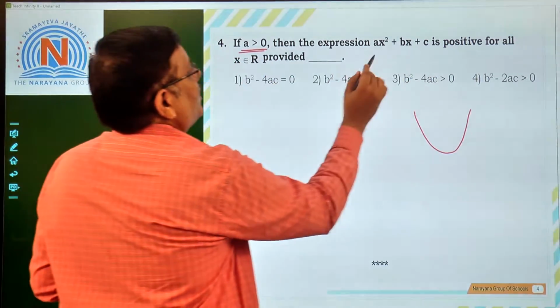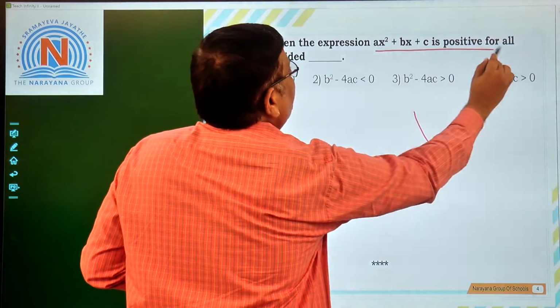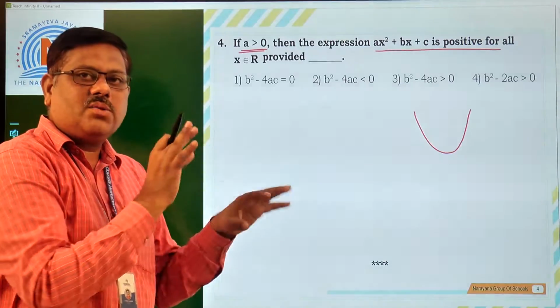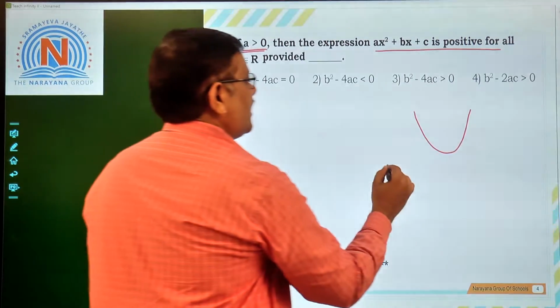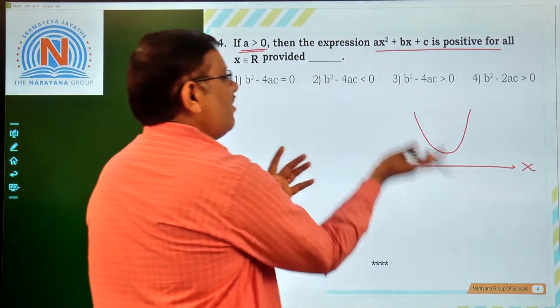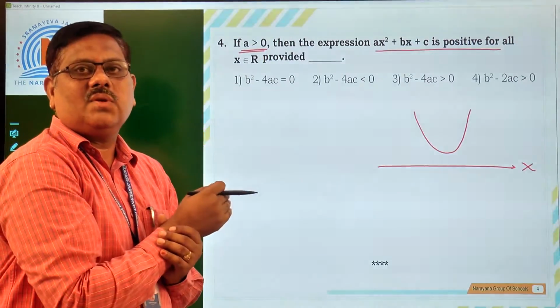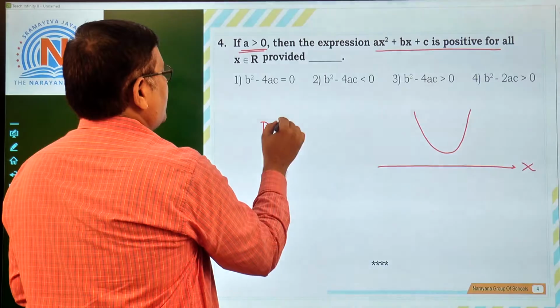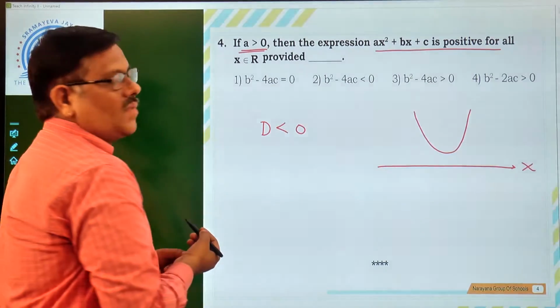Next step, he is saying that ax square plus bx plus c is positive for all x belongs to R. Whatever x you take, that must be positive. It means the graph must always lie above the x-axis. When is it possible? It is only possible when the discriminant of the expression is less than 0.